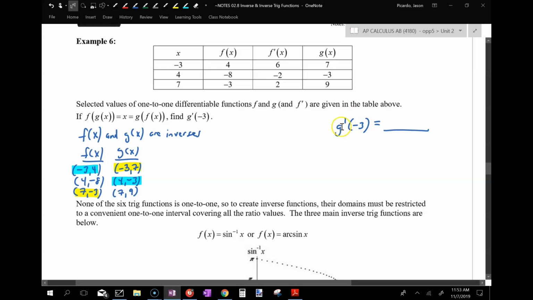I want to find, guys, the derivative at -3. Well, it just so happens that I know everything about that, don't I? I know that g of x, actually, I'm not going to write that down.